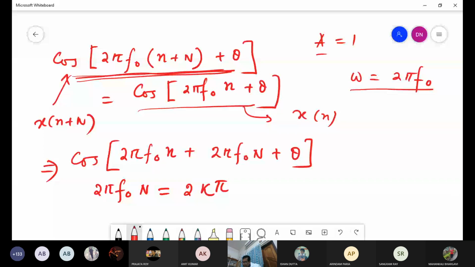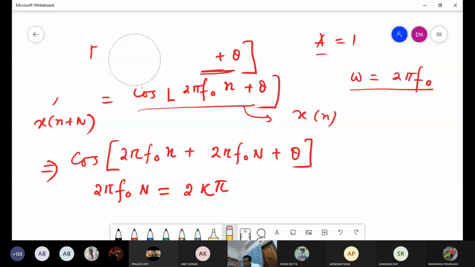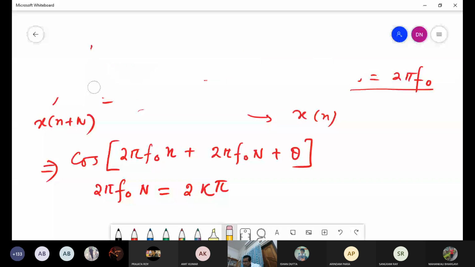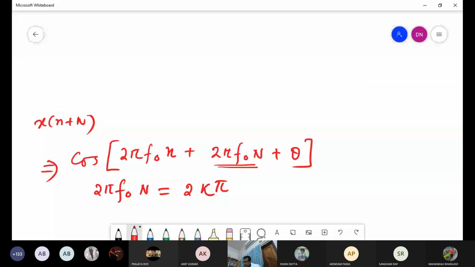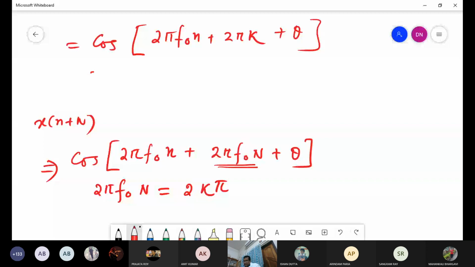Then this is equal to cos twice pi f0 small n plus twice k pi plus theta. So this is equal to, what can I do.